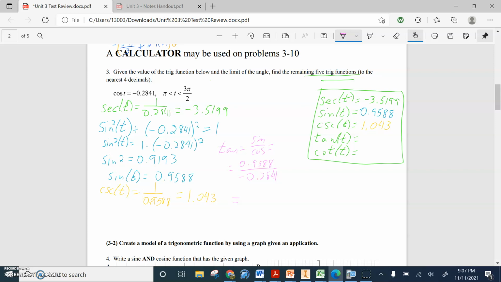Let's see, my tangent value, 3.3748. And then cotan is 1 over 3.3748. And that's 0.2963.